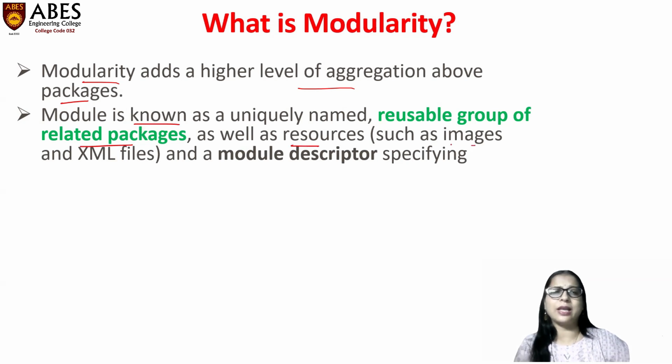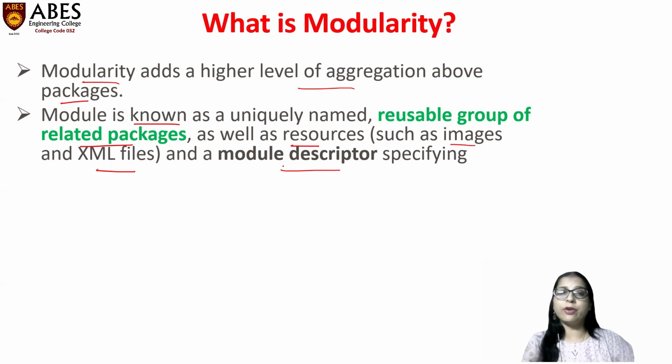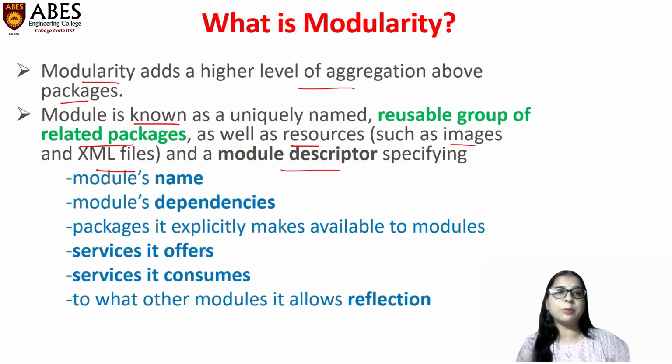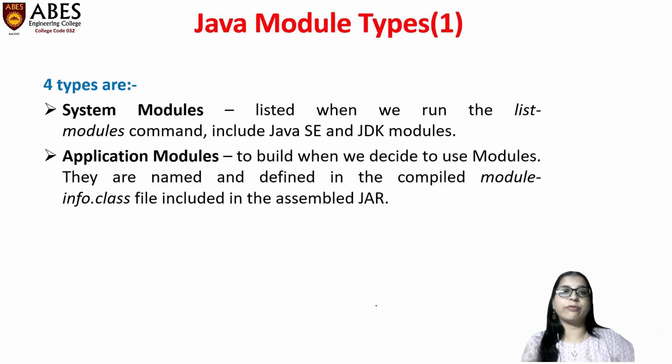Resources can be things like images or XML files, and different module descriptors can be specified, such as module name, module dependencies, and packages. It explicitly makes available to various modules the different services it offers, the services it consumes, and to what other modules it allows reflection.